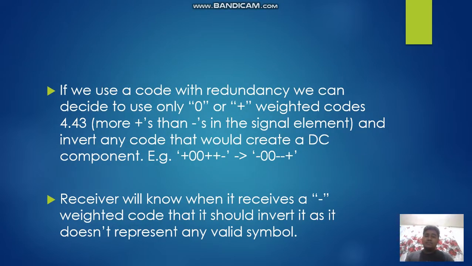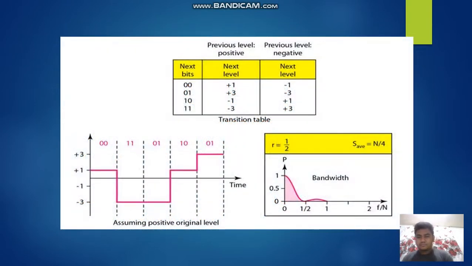If we use the redundancy, we can decide to use only 0 or plus weighted codes, more positives than negatives in the signal element, and invert any code that would create a DC component. The receiver will know when it receives a negative weighted code that it should invert it, as it doesn't represent any valid symbol.